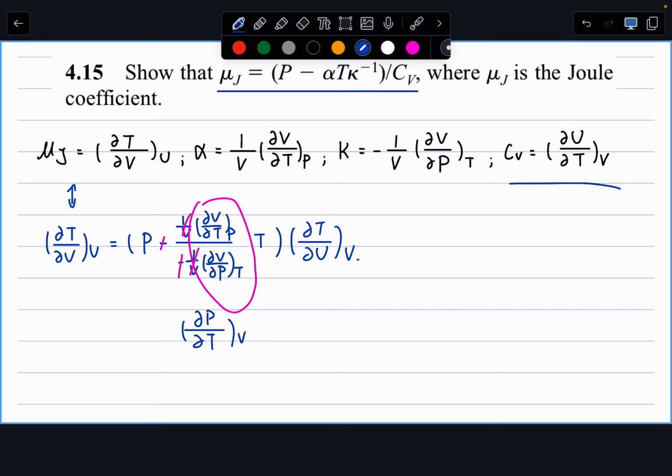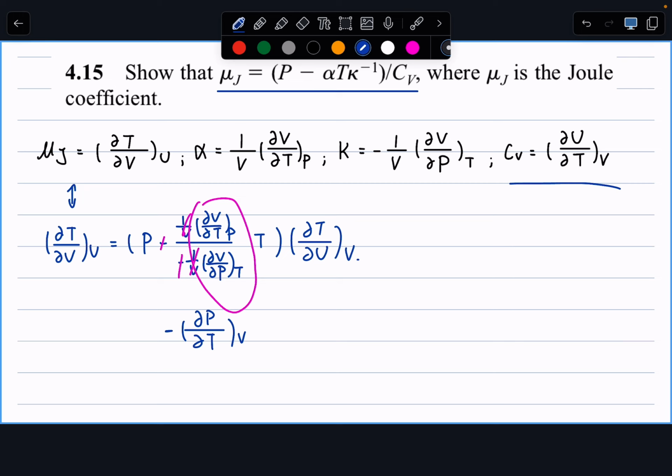This one just uses the cyclic chain rule, so the product together equals negative 1. I think there's a missing minus because we're using the cyclic chain rule.